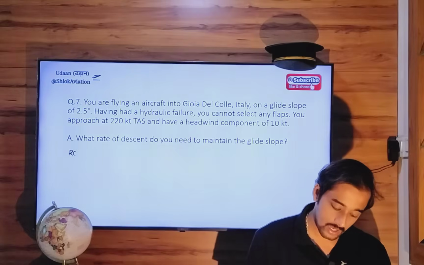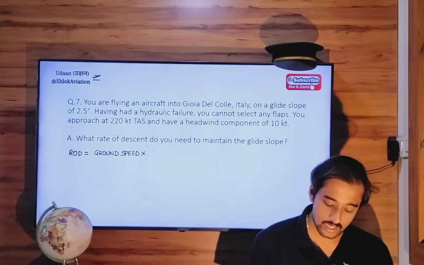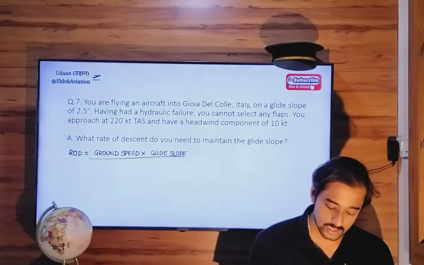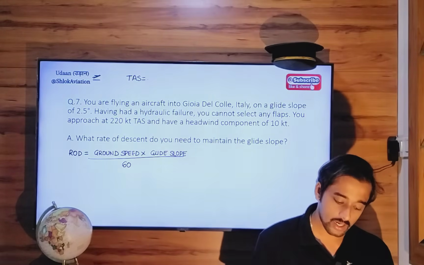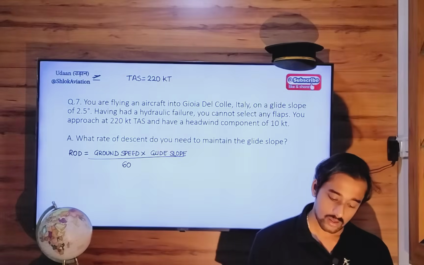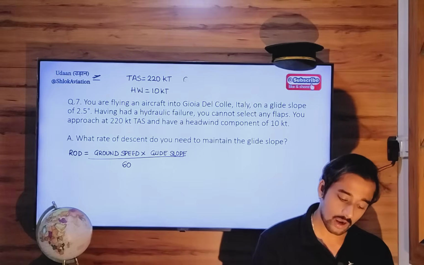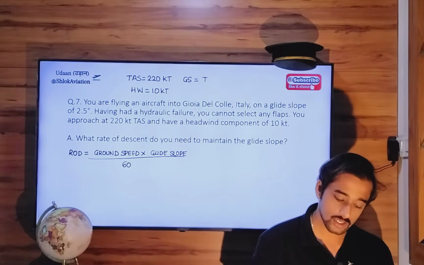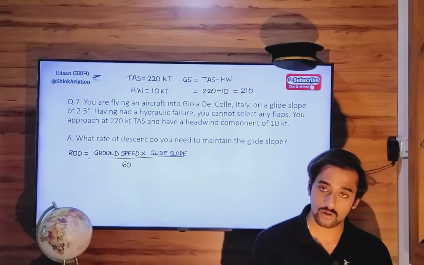Now, the rate of descent formula is ground speed into glide slope divided by 60. Here true airspeed is 220 knots, headwind is 10 knots. So ground speed equals true airspeed minus headwind, 220 minus 10, which is 210.